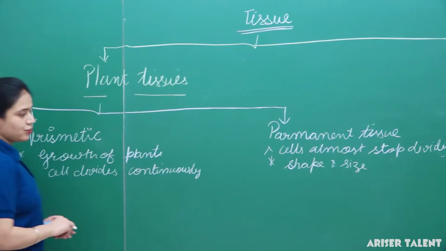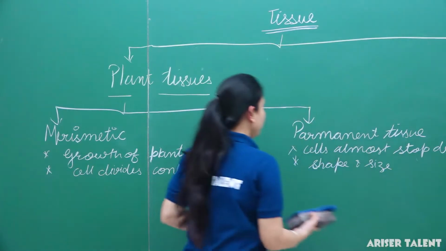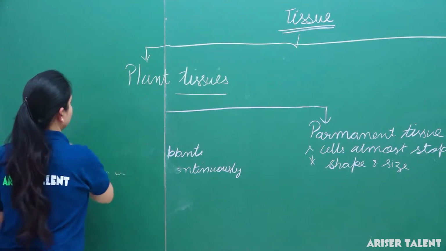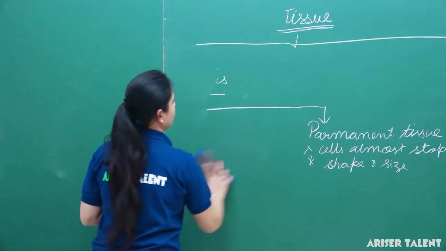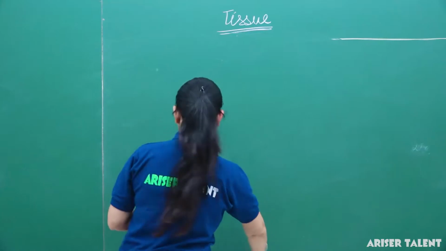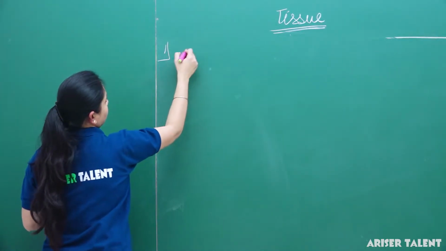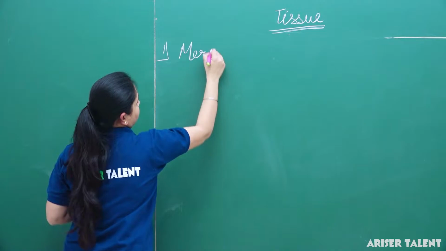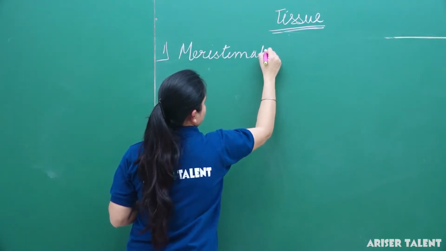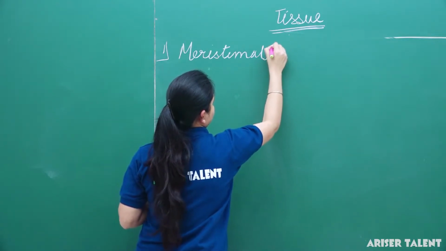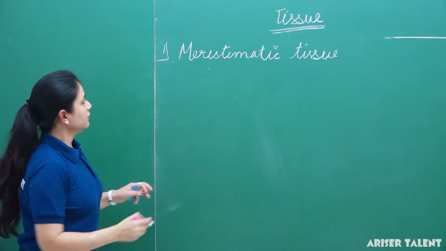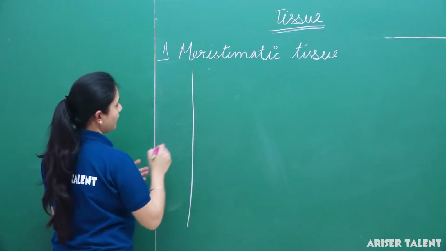Now, meristematic tissue is again divided into three parts. We will study about the different parts.